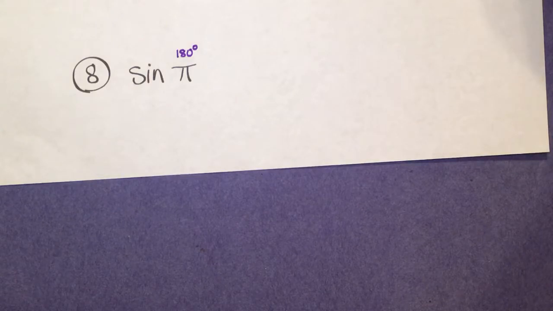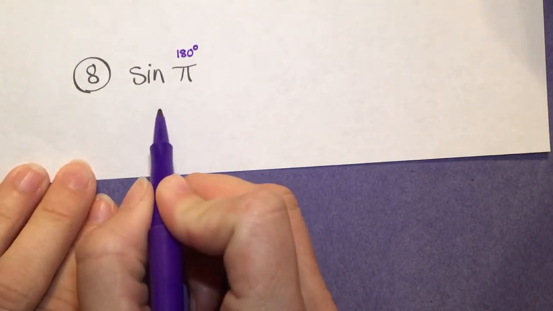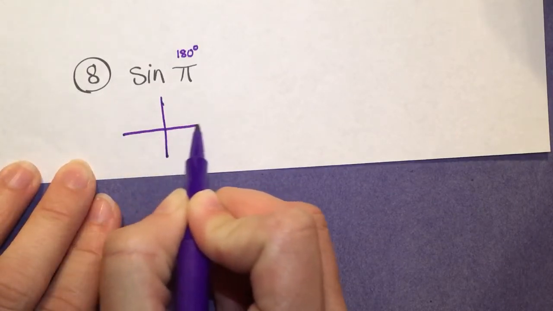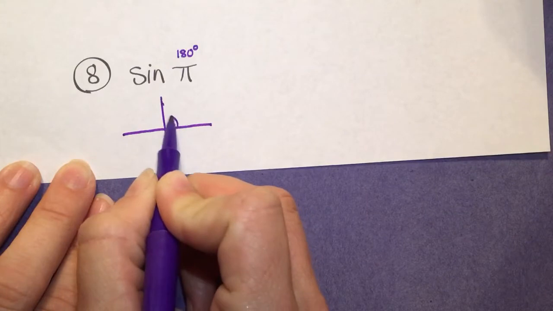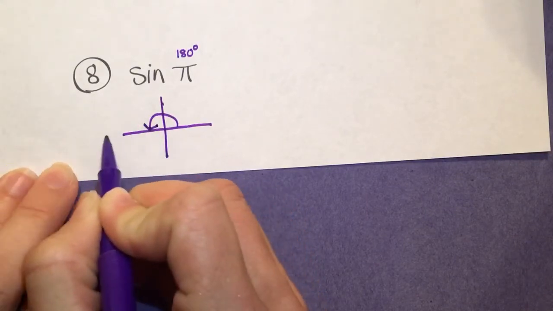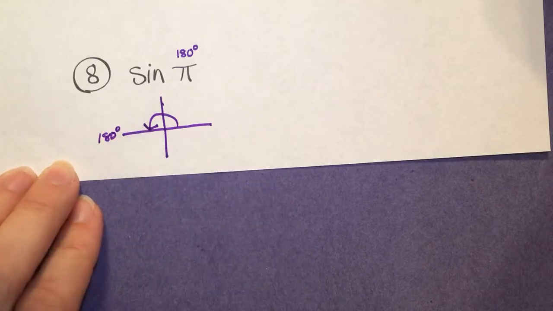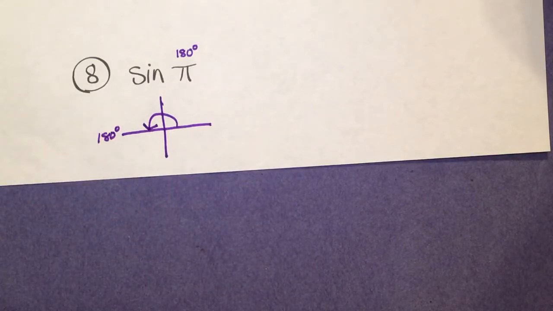There's more than one way to do this, but I'm just going to go back to a concept that you learned on the first test, and that's using X, Y, and R. If you look at this in standard position, 180 degrees terminates here at the negative end of your x-axis.